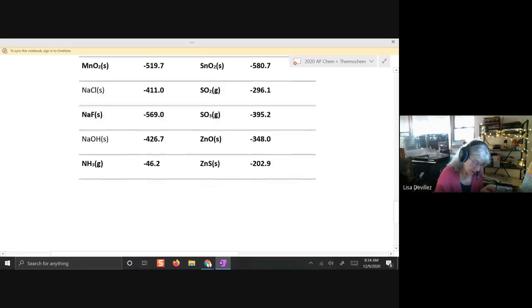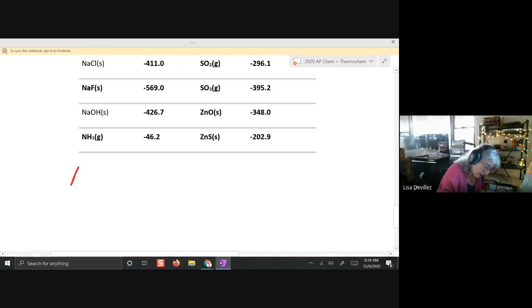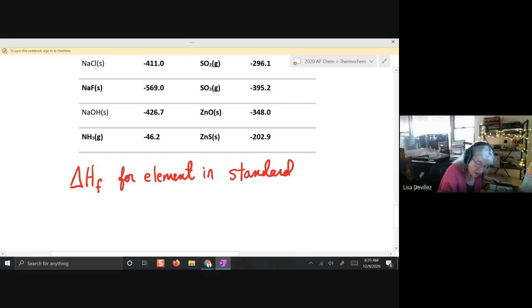So you'll see, I think it does have it in the table in your book, but that's something to remember, that the delta H of formation for an element in its standard state is zero. Okay, so they define that as zero.